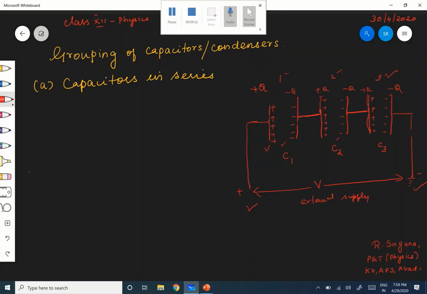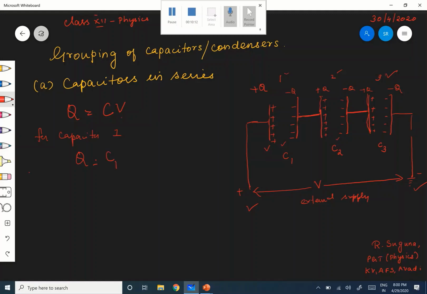Because the charge is the same, you know that Q is equal to CV. Here, for the first capacitor, capacitor 1, Q is equal to C into V, where C is C1 for the first capacitor.